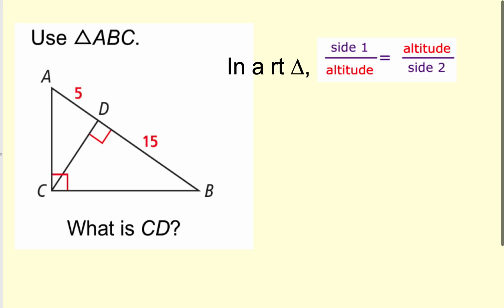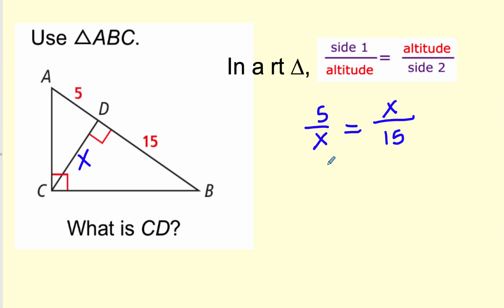Let's take a look at this theorem and see if it can't help us figure out what CD is. I'm going to call that X right here. So I have a right triangle, and I can see that my altitude is X, and I can see one side is 5 and one side is 15.